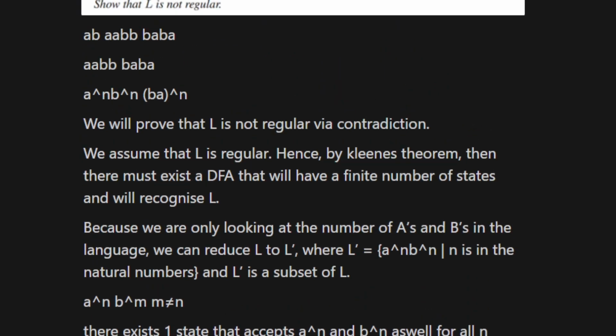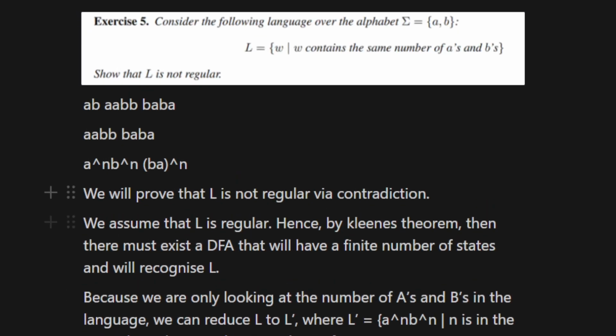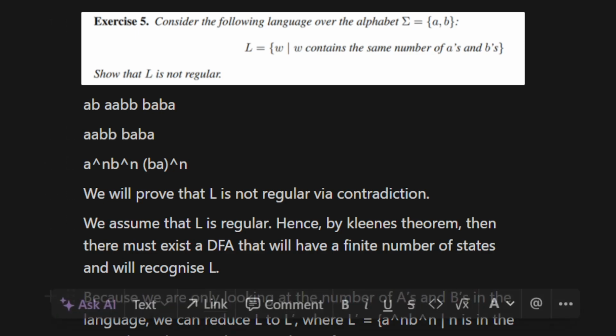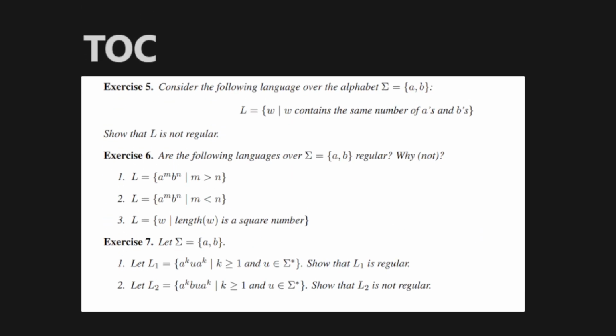And one thing I will also mention is that for this question, you don't need to always reduce a language down. If you look at this question, which is quite similar to the one we've just done, but we have more A's than B's, we can prove that this language is non-regular without having to reduce it, because we know what the language is in a notation form.